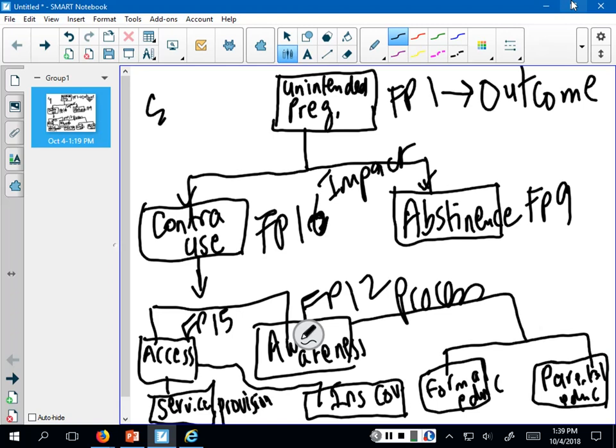The idea being that you intervene with the indirect contributing factors, and if you're actually targeting the right ones, that should lead to the achievement of the process objectives, which then should lead to the achievement of your impact objectives, ultimately leading to the achievement of your outcome objectives. Okay? Again, this is what we discussed last week.